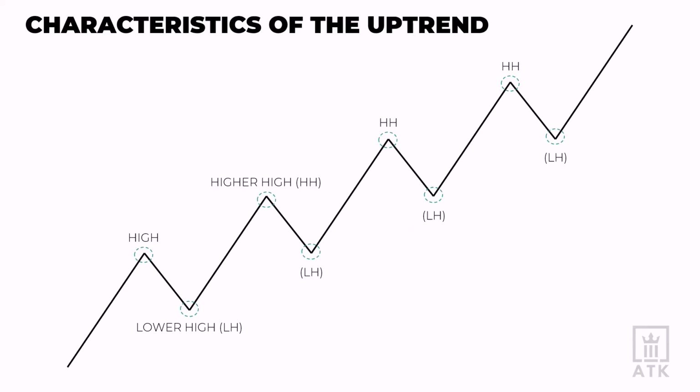And because it's an uptrend, you normally can stretch a trend line on the bottom of an uptrend. And the trend line will predict where price is going. So when price pushes up, it retraces to the trend line. Then it pushes up again, and it retraces to the trend line. Then it pushes up again, and it retraces to the trend line.